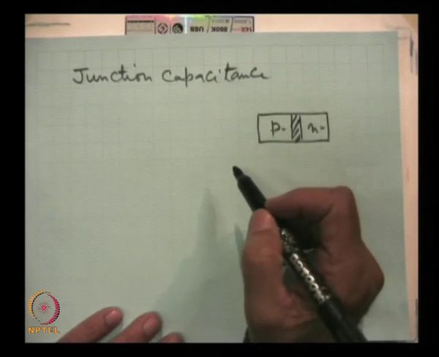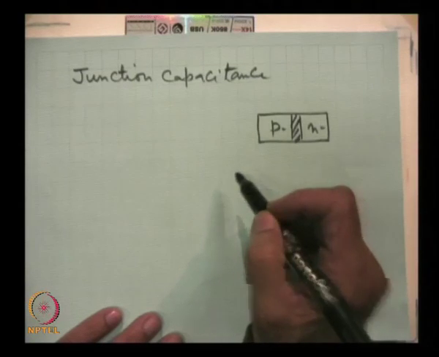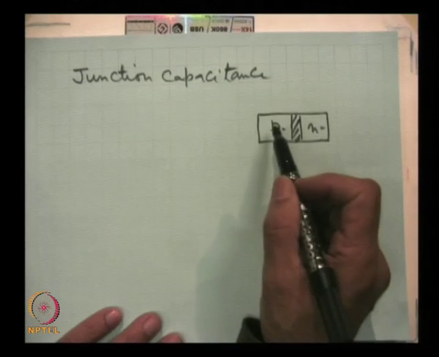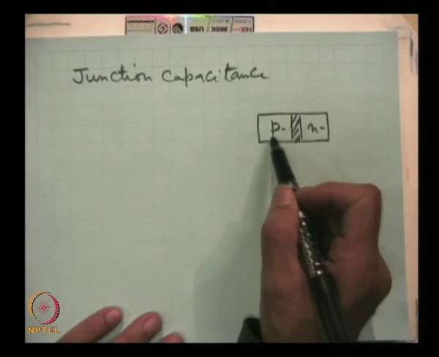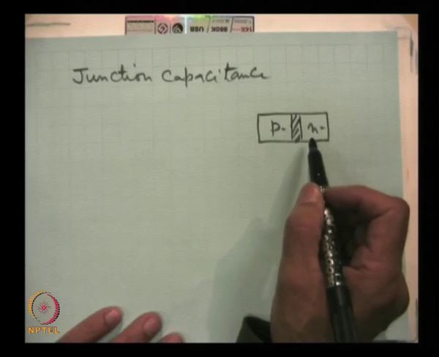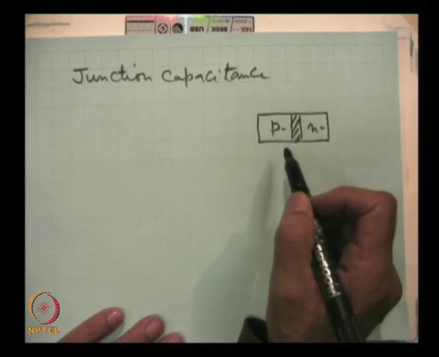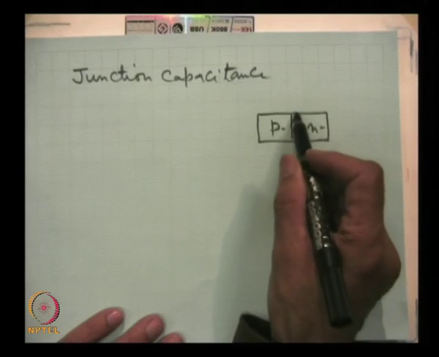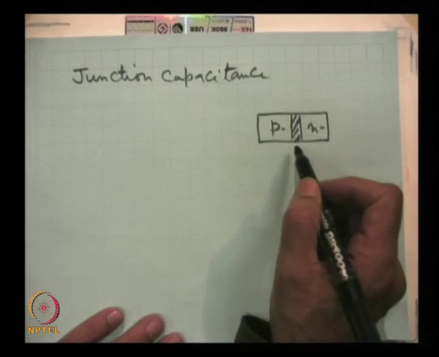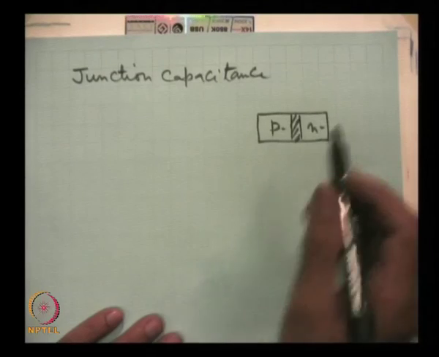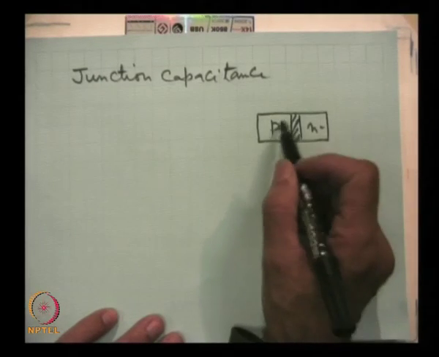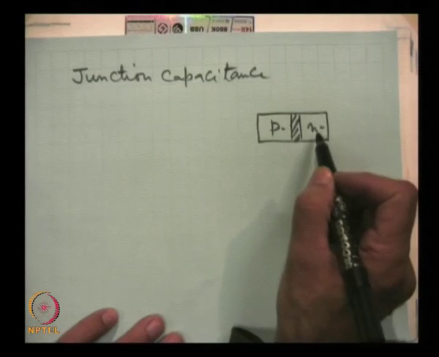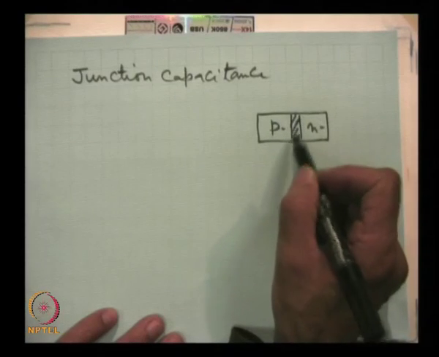It is like a dielectric insulator, and the conductivity of the P side and N side is several orders of magnitude higher than that of the depletion region.